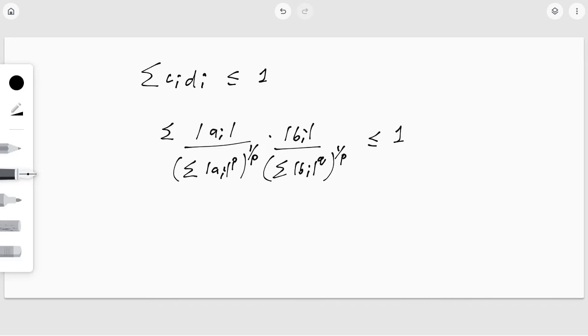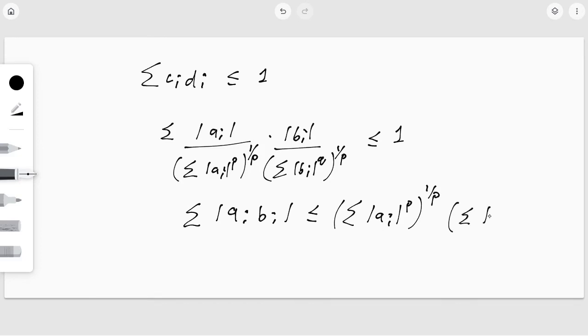Now taking the denominator to the other side, we get summation mod Ai Bi is less than or equal to summation mod Ai raised to P whole raised to 1 by P into summation mod Bi raised to Q whole raised to 1 by Q.